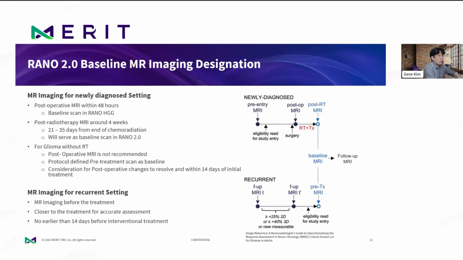And then also RANO 2.0 updates on the baseline MRI designation is another update. So MRI imaging for the newly diagnosed settings. It used to be a post-operative MRI within 48 hours that was the baseline scan in RANO HGG.